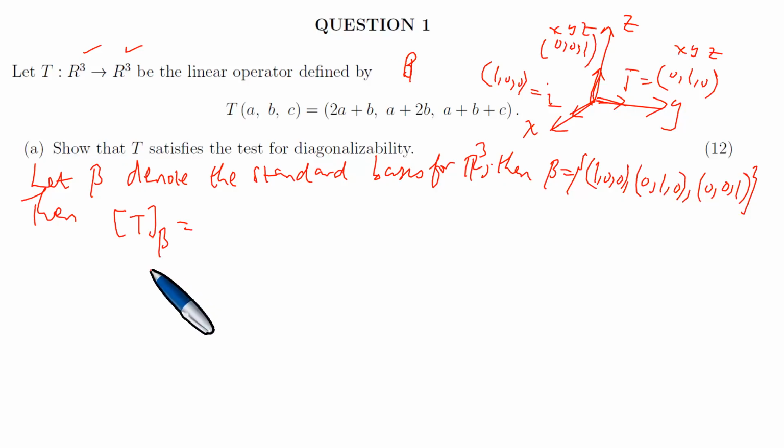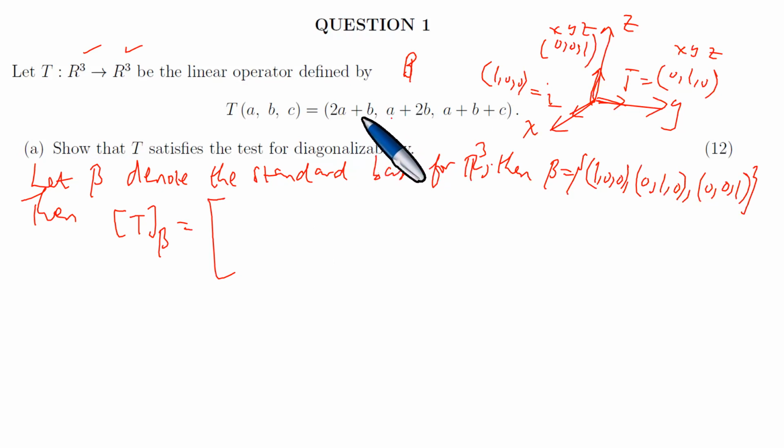Now, what do we say here? If we look at T sub beta, for example, we get this.